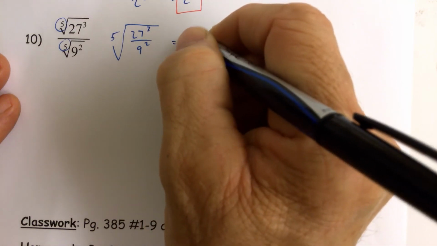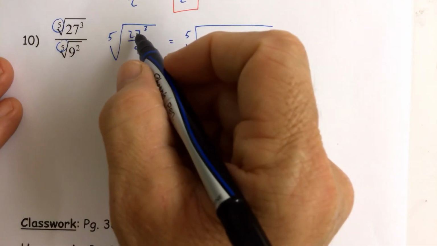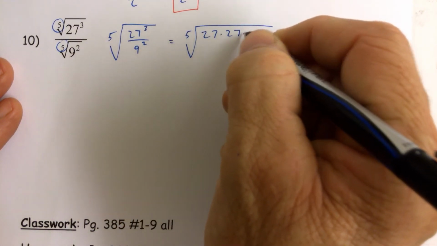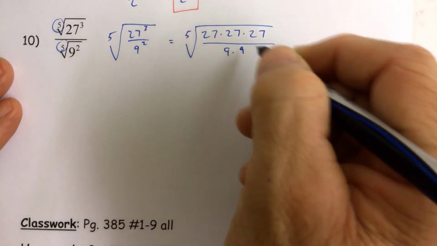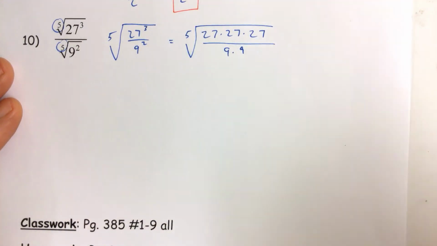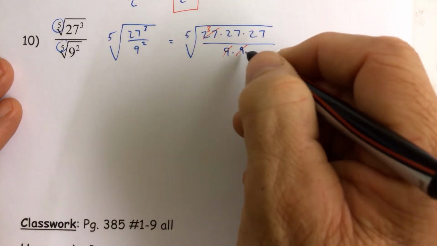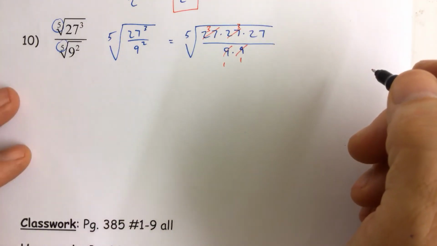So if we get a little bit creative here, we can save ourselves some work. I don't want to multiply 27 by itself 3 times, but what I will do is I'll rewrite 27 3 times, and I'll write 9 twice, because I know that 9 goes into 27 3 times.